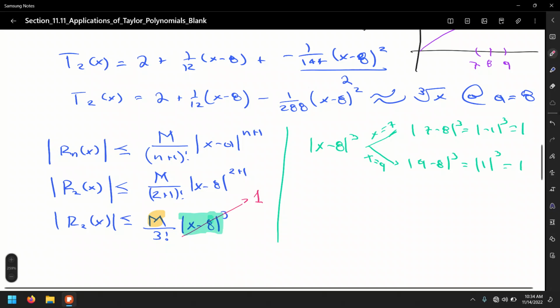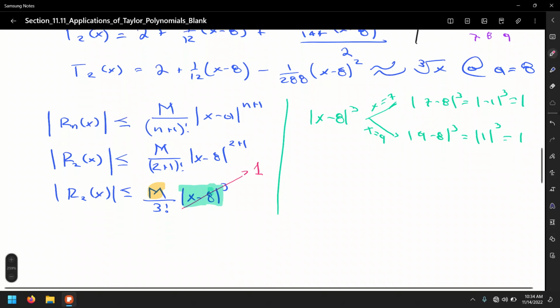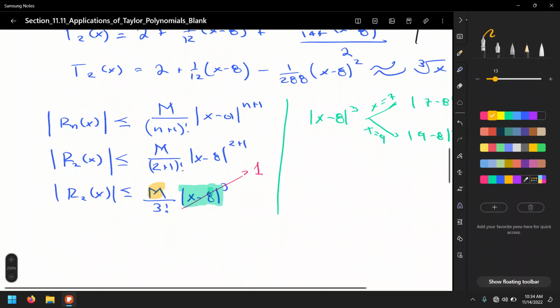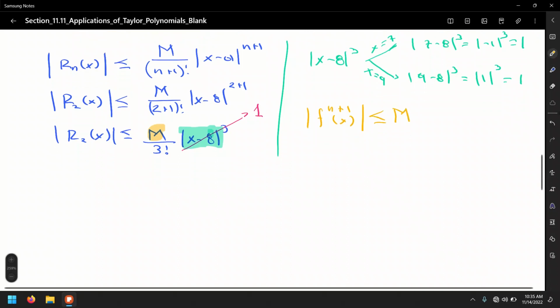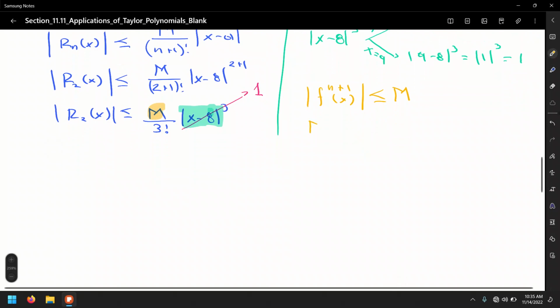But in this case, how do we get that maximum value? Well, how do we get M? So we have that the absolute value of the n plus 1 derivative, that is the one for the next term at x, has to be less than or equal to big M, where big M will be, it's actually the third derivative.